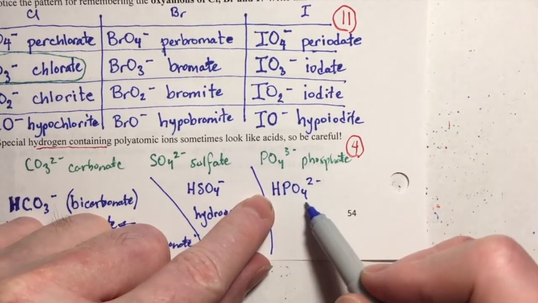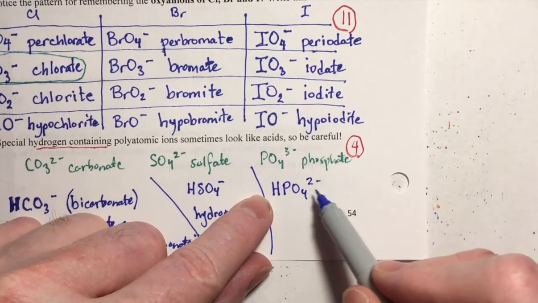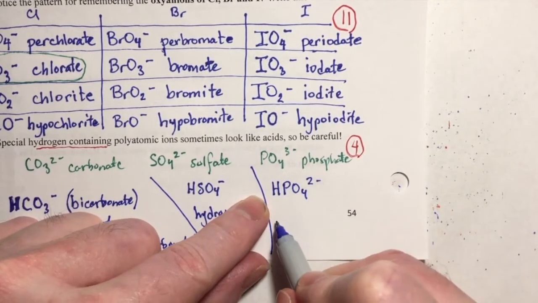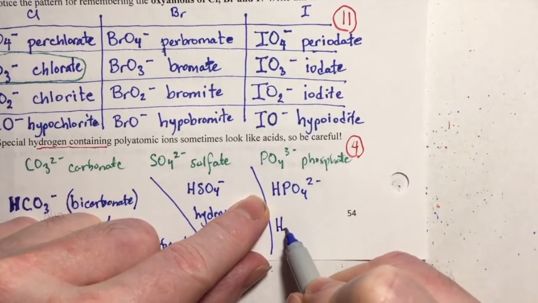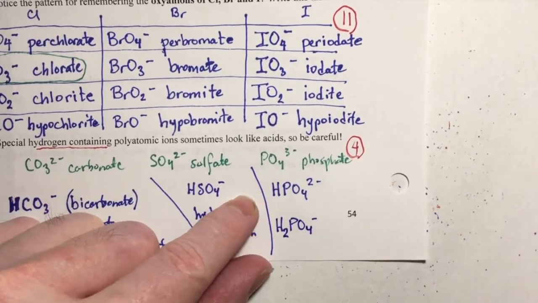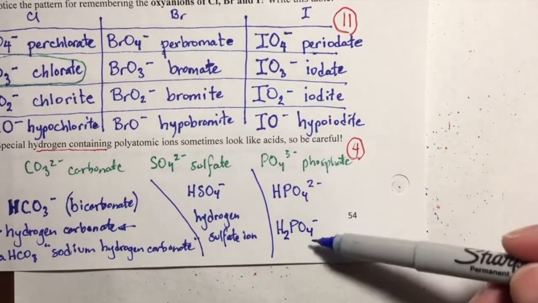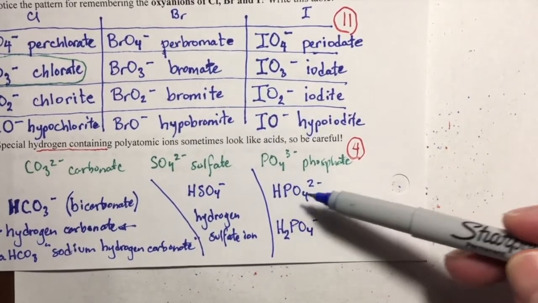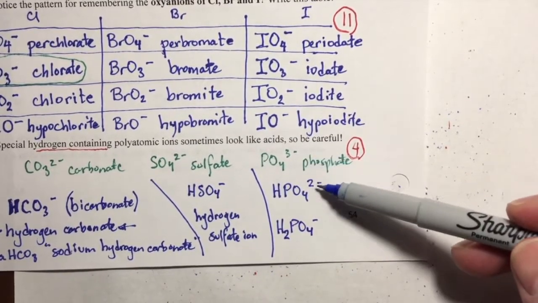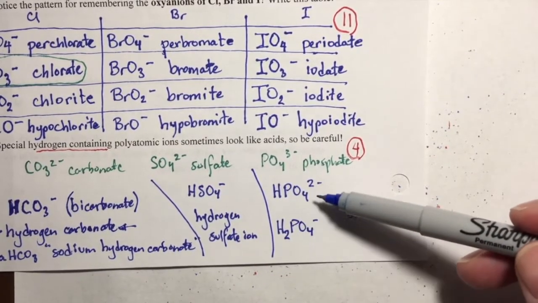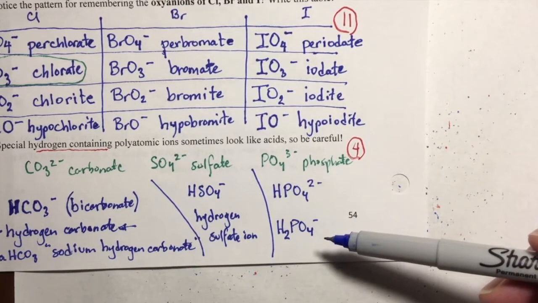I could add another hydrogen, which will bring another positive charge, and it will bring that 2- to a 1-. So those are two hydrogen-containing derivatives of phosphate, where I've added one hydrogen, and it goes from a 3- to a 2-, and I've added another hydrogen, where it goes from a 2- to a 1-.